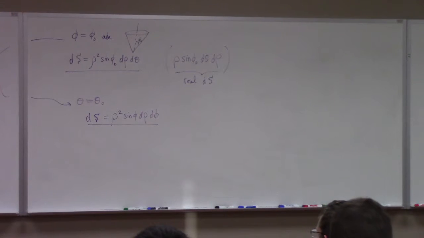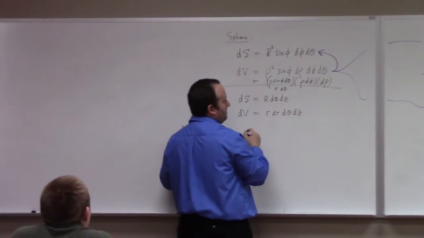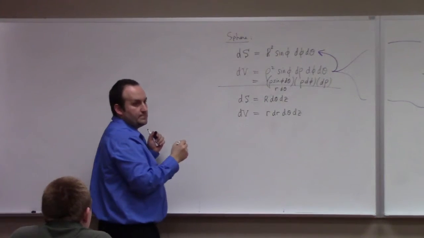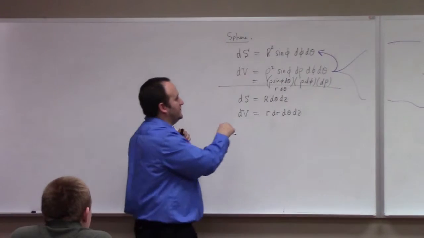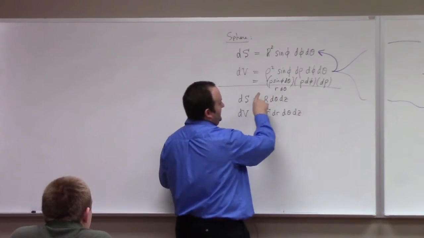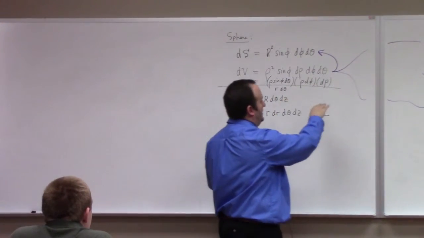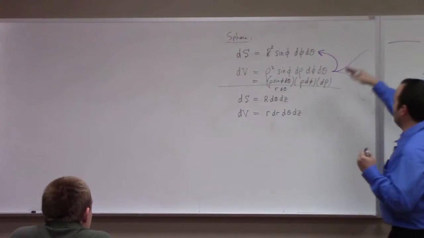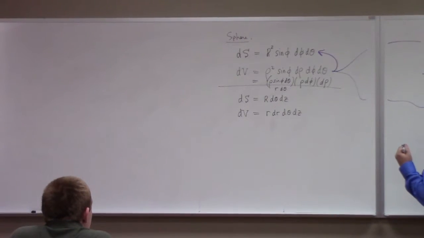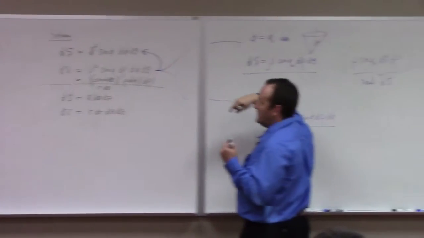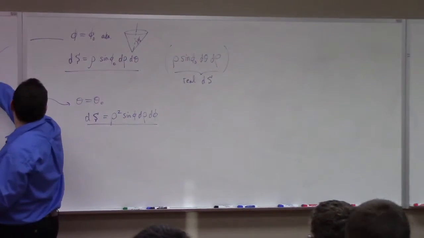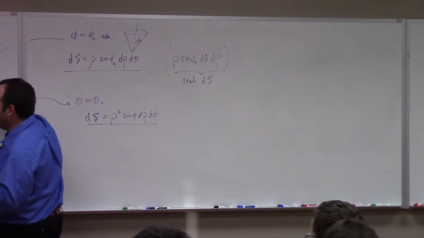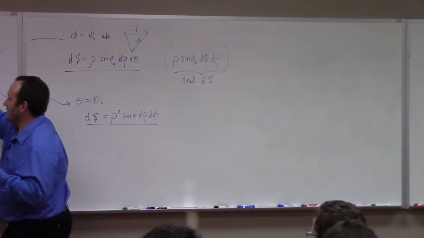I don't know if you can see this or not, but this is r d theta. So that's what I have to make go away. To get from this to that, it erases a copy of rho as well. So I have to drop off the rho d phi, and it leaves me this and that.